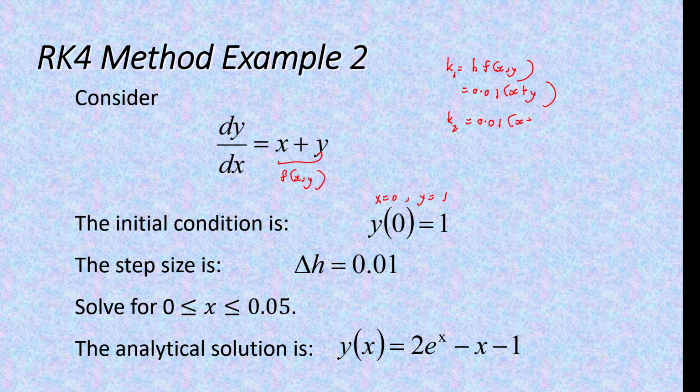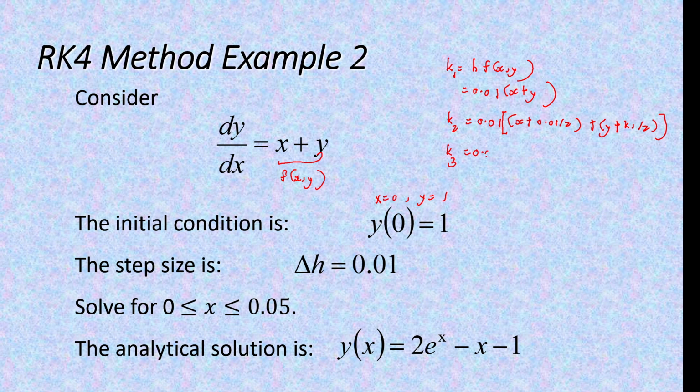So this is x plus 0.01 divided by 2, plus one more bracket, y plus K1 divided by 2.